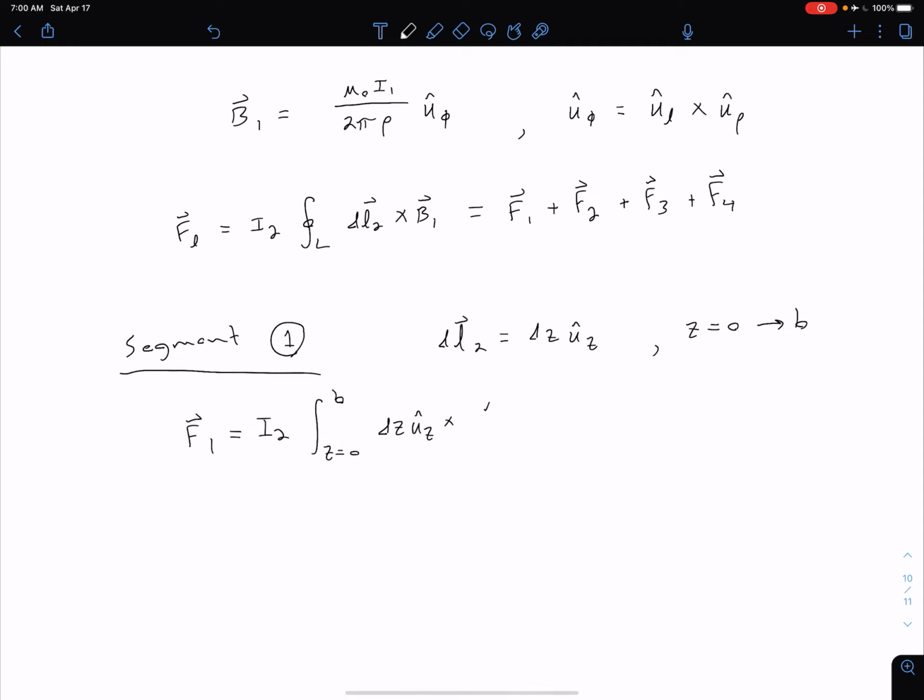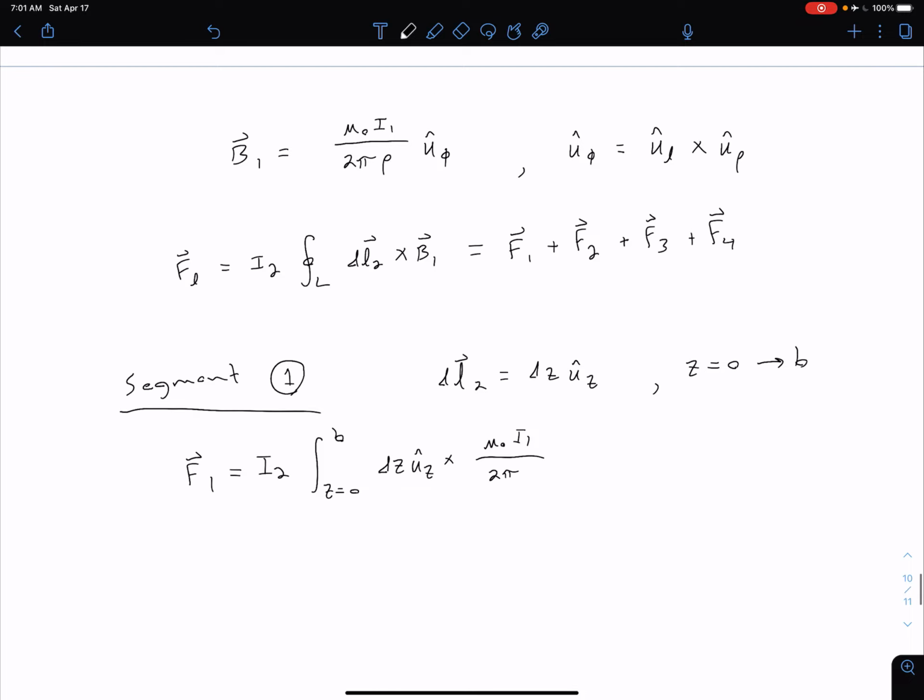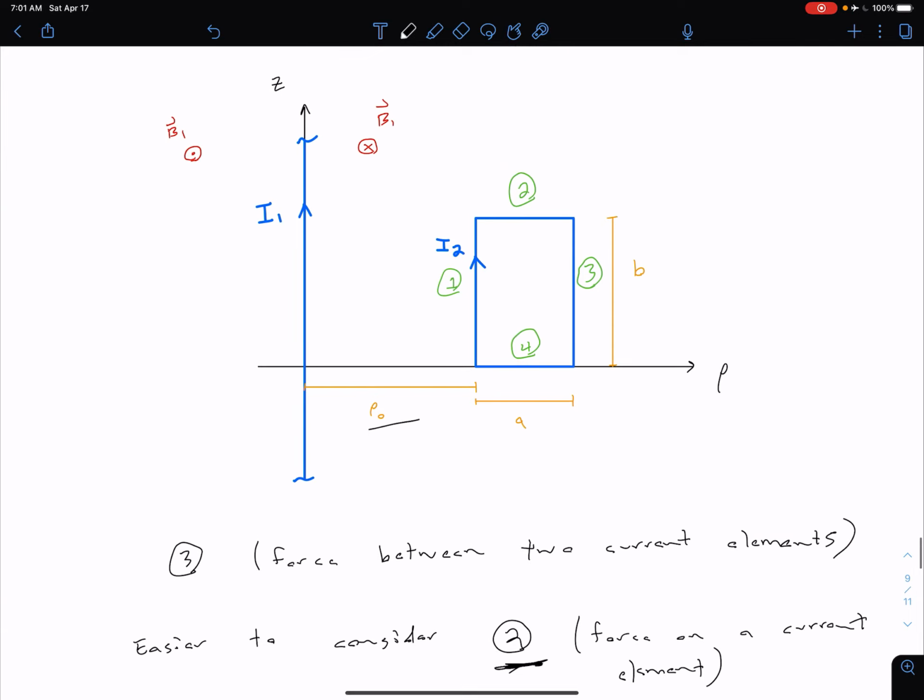That was our mu naught times I1 divided by 2 pi, and now the perpendicular distance rho for this first segment is just going to be the constant value of rho naught, because everywhere along that segment we're the same perpendicular distance of rho naught away.